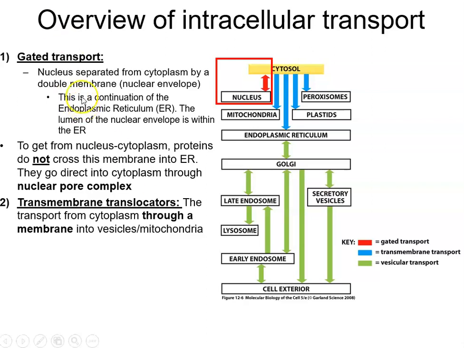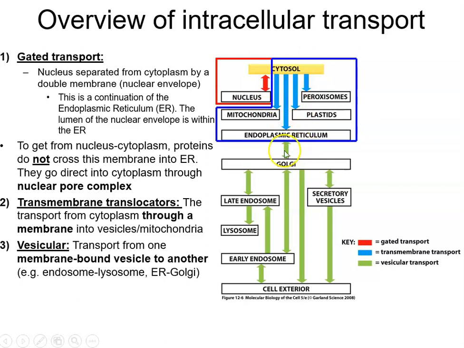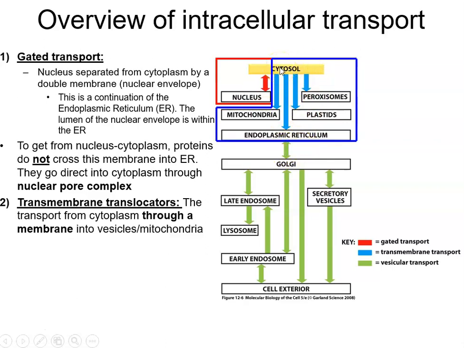That's different to gated transport, where the proteins go through as fully folded functional proteins. And for the transmembrane transport, typically we've got proteins going from cytosol to mitochondria, cytosol into the endoplasmic reticulum. They're the two main ones that you will be dealing with.